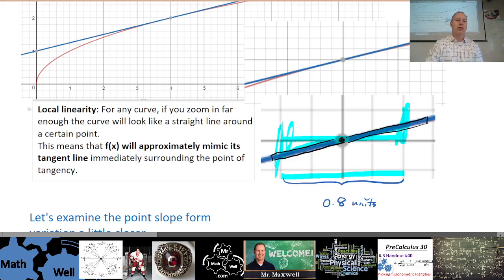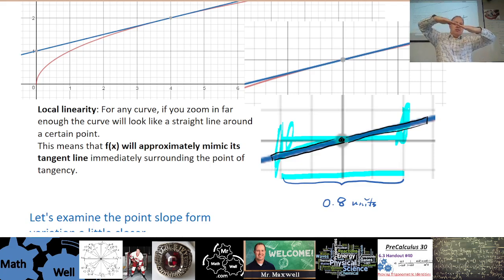So local linearity: for any curve, if you zoom in far enough, the curve will look like a straight line around a certain point. I can zoom in on any part of this graph, and the more I zoom in, the more the curved graph will straighten out. This is what it'll look like if you zoom in. It just kind of straightens out as you zoom into a point.